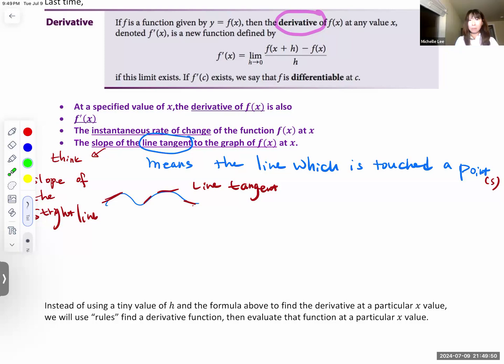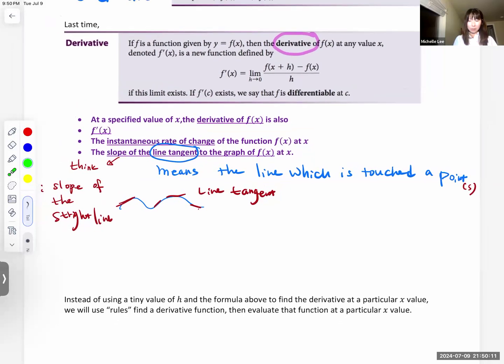But this is a lot of work and takes a lot of time, right? Then we have an easier way, because we tend to go to the easy, convenient way all the time, right? So we have a power law.